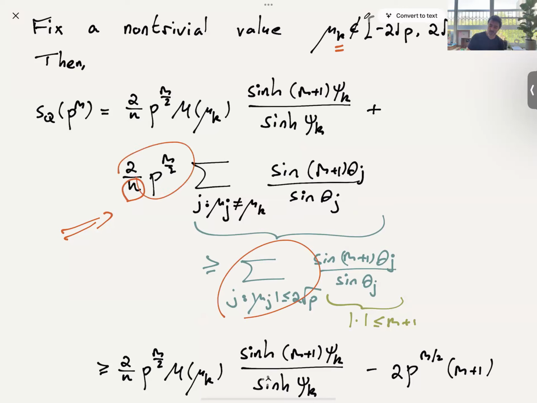And each of the summands here is at least n+1. Good. So we bounded S_Q of P^M from below. And note that in this bound we have the multiplicity of this, or any non-trivial eigenvalue. That's useful because the bigger it is, the bigger the lower bound is.